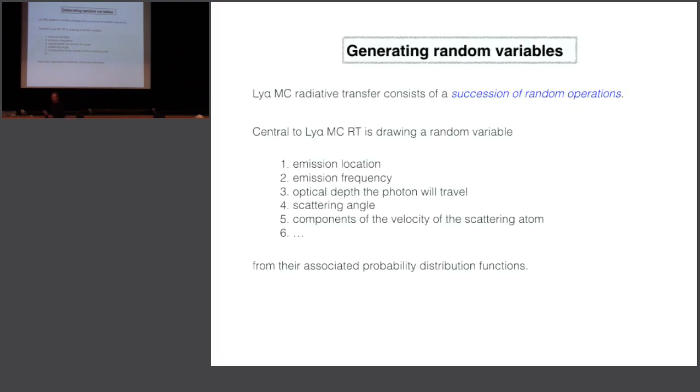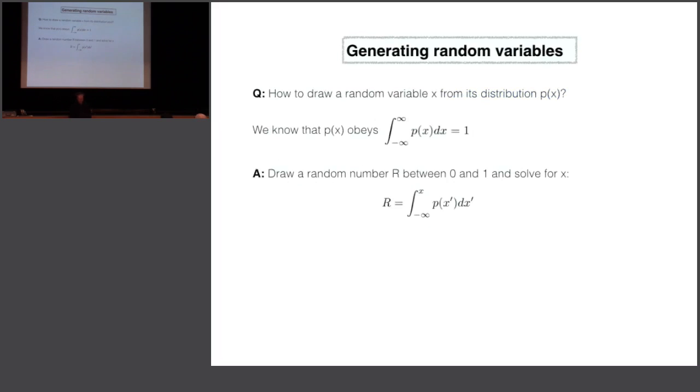Each of these processes has its own complex probability distribution function. We've discussed, for example, the scattering angle, which is given by the phase function, the probability distribution function describing the scattering angle. The optical depth, I will come back to that. The velocity components of the scattering atom are actually quite messy, and I will not show these, but I'll just mention again that they are messy. Right?